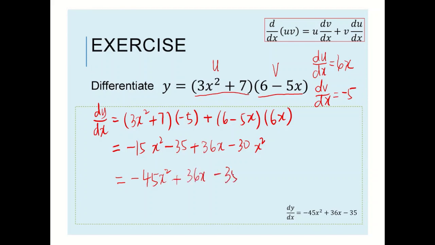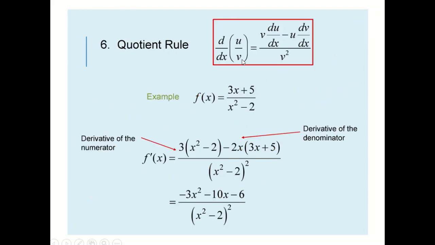As usual, we need to find du/dx, which from here is 3, and also dv/dx, which from here is 2x. Now after that, first we take the v, the bottom one.